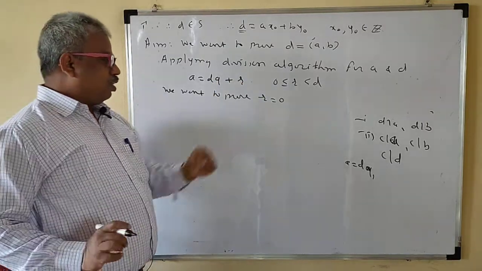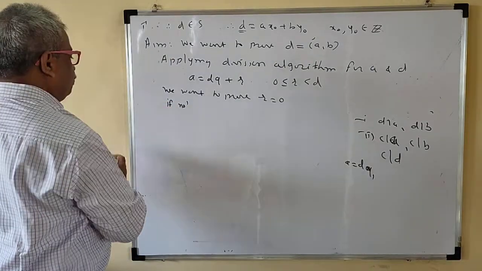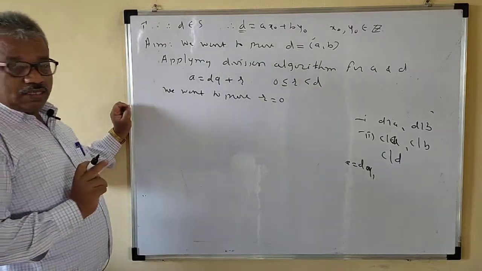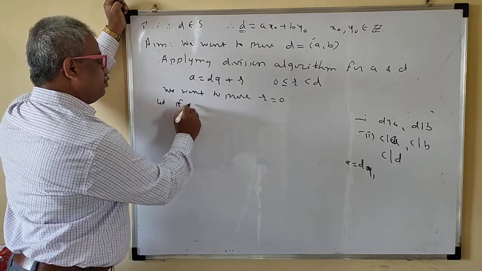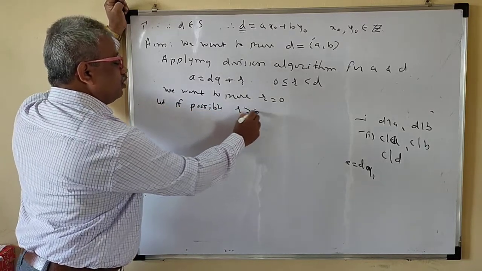Okay, so if not, suppose we want to prove R is 0. Let, if possible, R be greater than 0. Suppose R equal to 0 is not possible, so we consider R greater than 0.